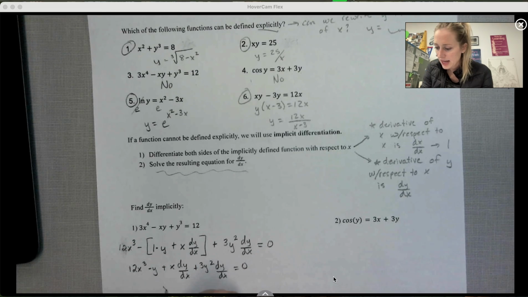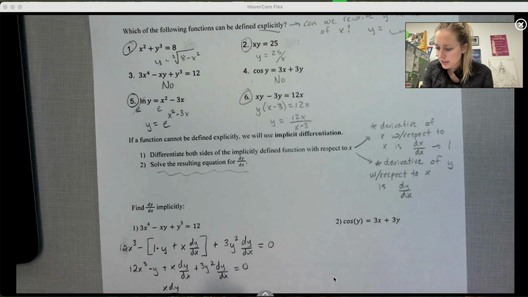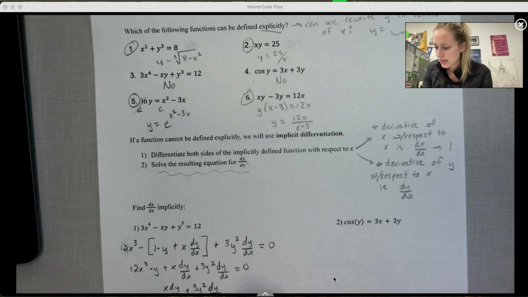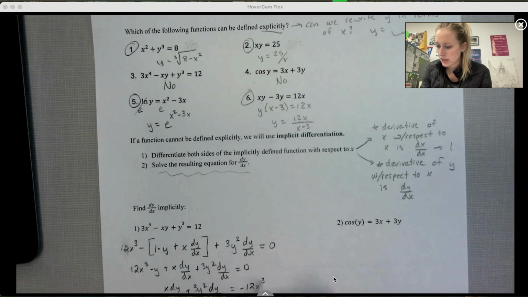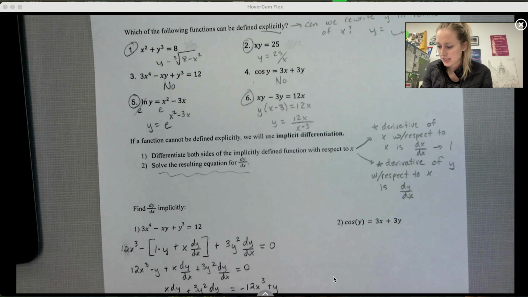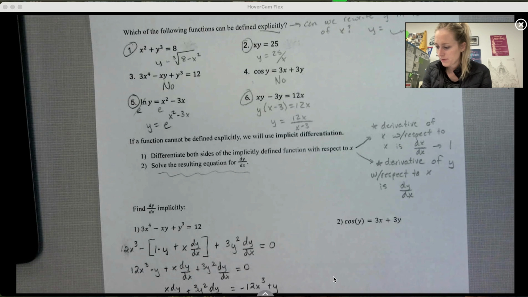So I've got x dy dx plus 3y squared dy dx equals, so I'm subtracting that 12x cubed and then adding the y. Okay? And now I want to get dy dx by itself, so I'm going to factor it out. So dy dx times x plus 3y squared equals negative 12x plus y.